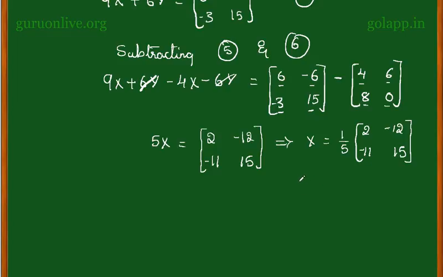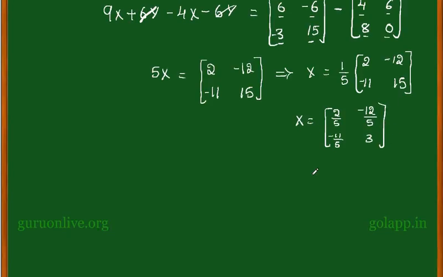So this 1 by 5 is multiplied with each element of that matrix, so that I get x is equal to 2 by 5, minus 12 by 5, minus 11 by 5 and 15 by 5, which is 3, is the value of x.